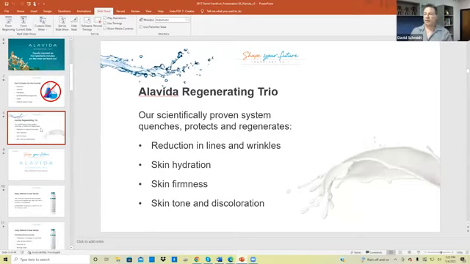So this meant we're going to be improving the health of the body, which improves the health of the skin. And then when you're adding our topicals, our day and night formulas, this would help promote a reduction in wrinkles and improvement in hydration. And we do have clinical studies on this.